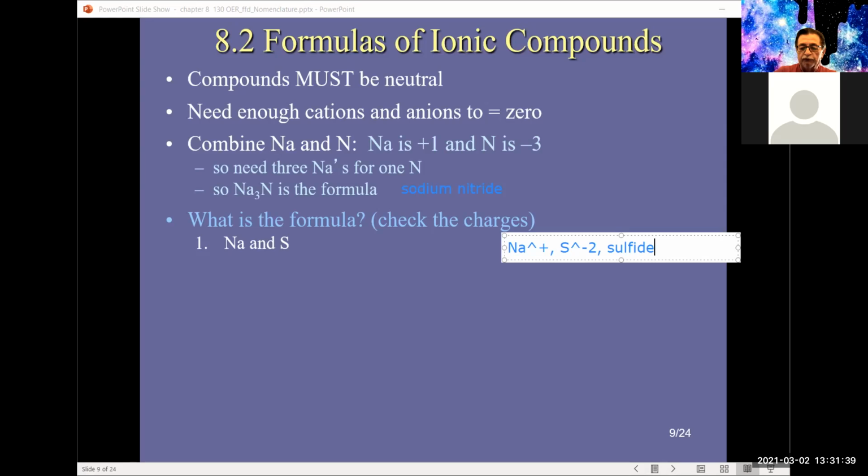I got a +1 from the sodium, -2 from the sulfide. That tells me I need 2 sodium cations, right? So that 2 now becomes the subscript for the number of sodiums. And the name becomes sodium sulfide. So there's the formula, Na2S.